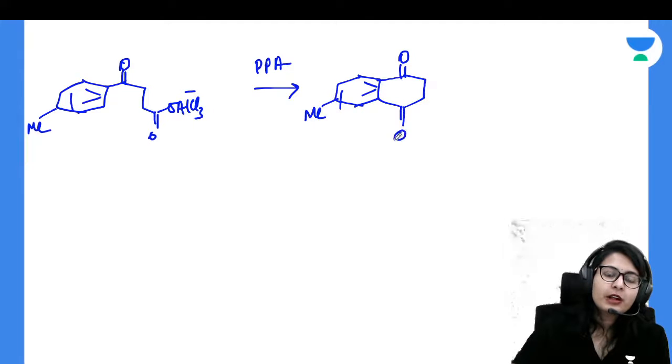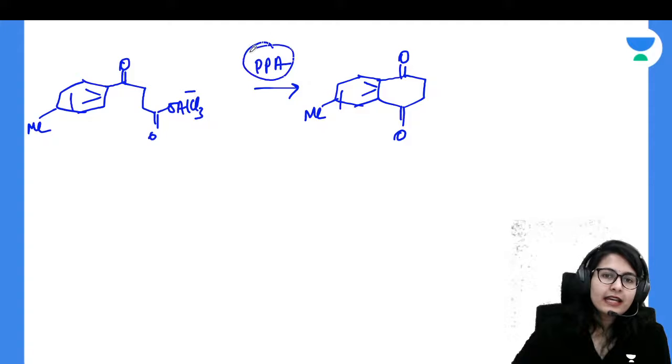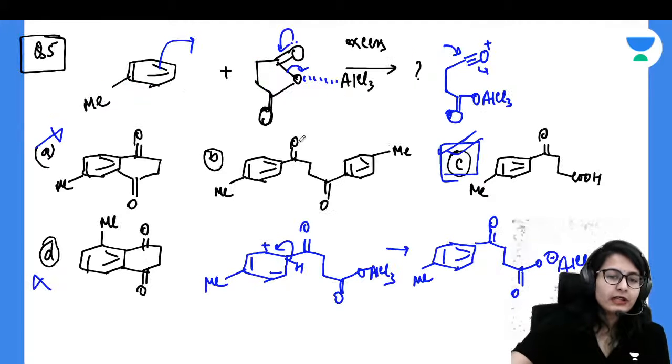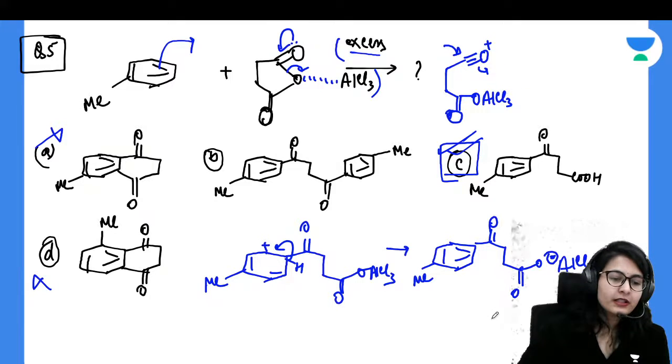Then I might get this product. Acid is what is required to protonate this oxygen and make it a good leaving group. If I don't have acid, only excess of AlCl3, it doesn't matter how much excess you have, because the reaction is going to stop over here. O minus is not a good leaving group.